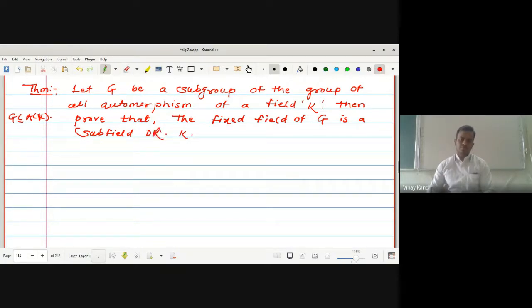What do we have to prove here? The fixed field of G, that is F, is a subfield of K.